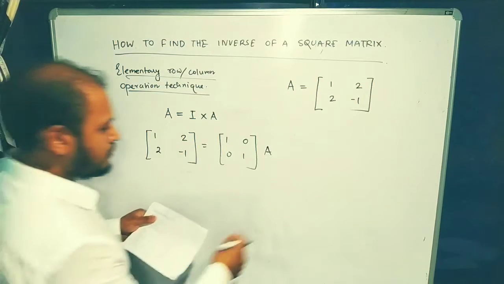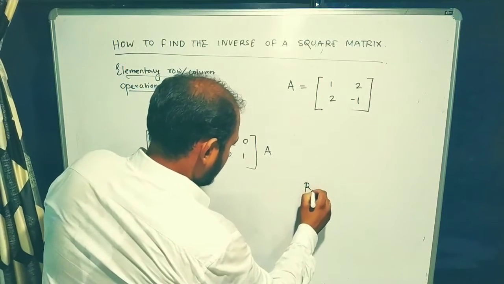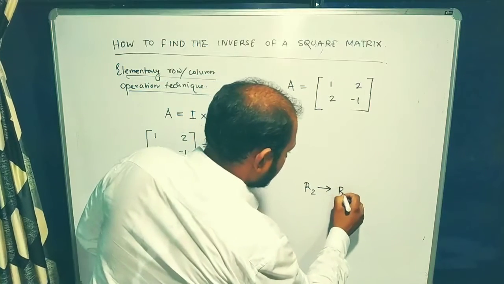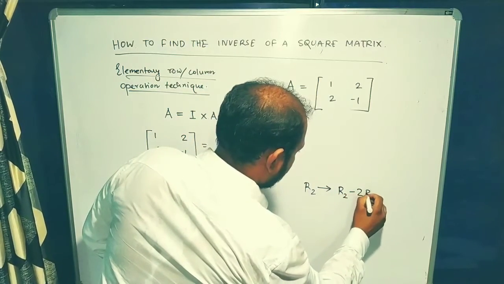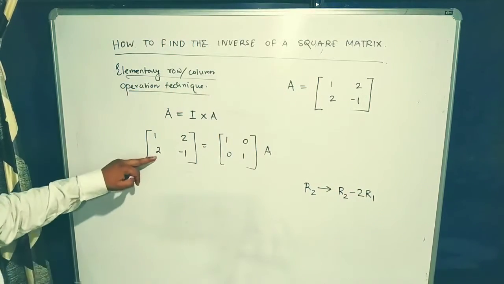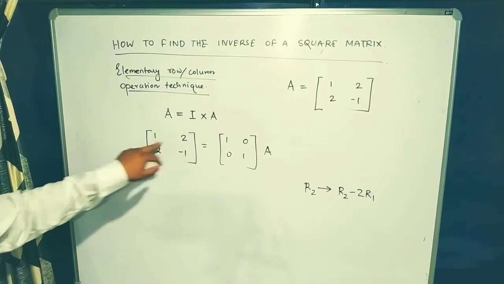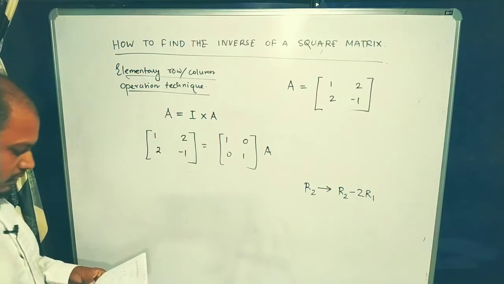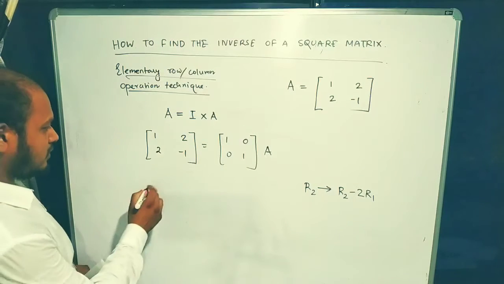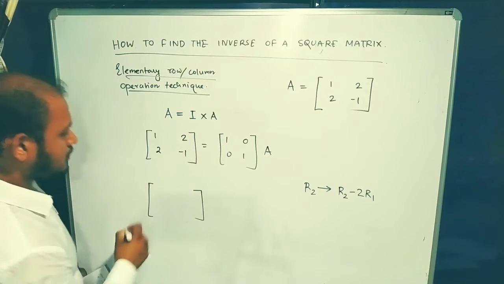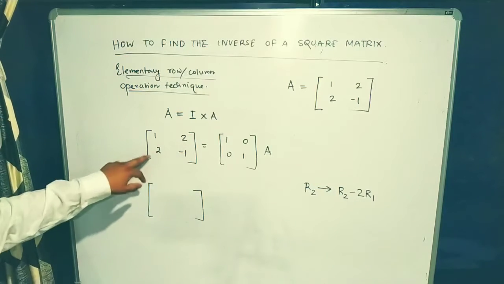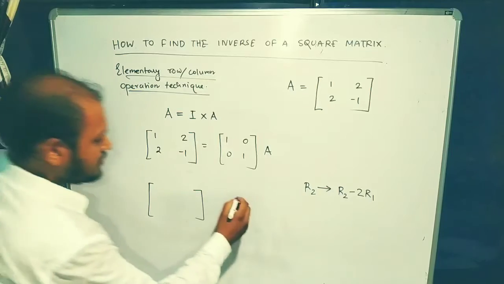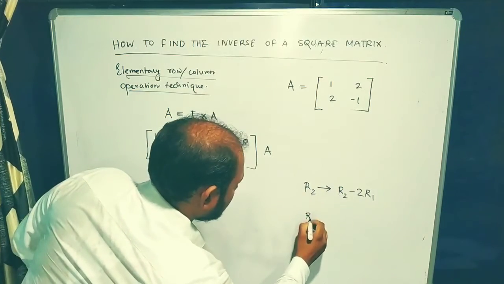Now let us say we perform this operation: we change the second row to R2 minus 2R1. What will happen? Tell me. Look at the second row. The second row becomes second row minus 2 times the first row. So first of all, let us write the first row here.